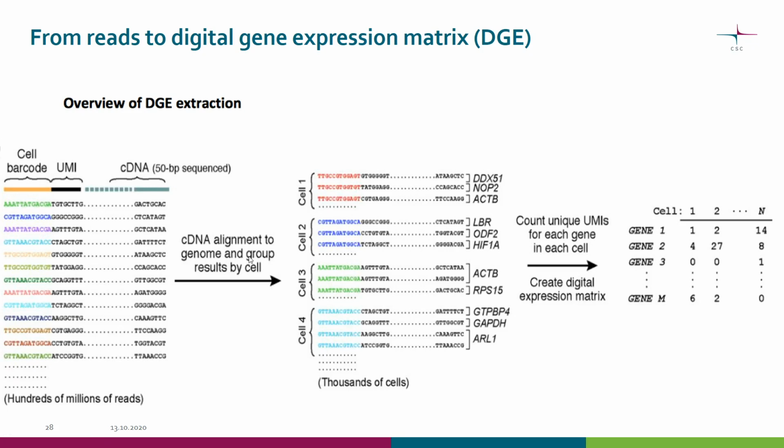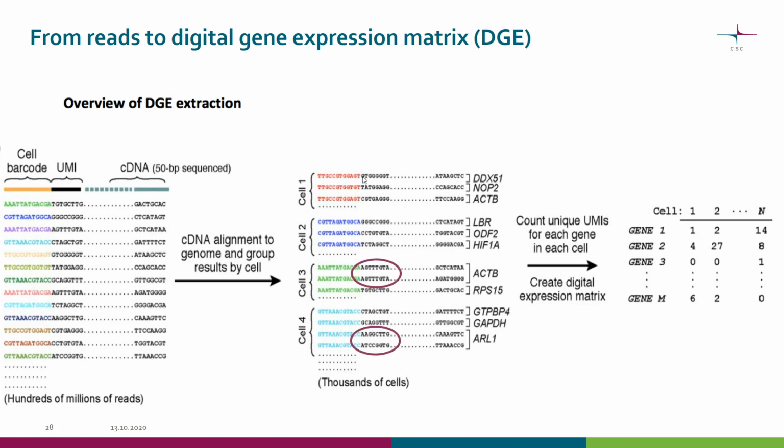Then we combine all this information together. From the genome alignment, we get the information about which gene or transcript the read is coming from. On the other hand, the other read tells you which cell this read came from. And then ultimately we also have the UMIs.